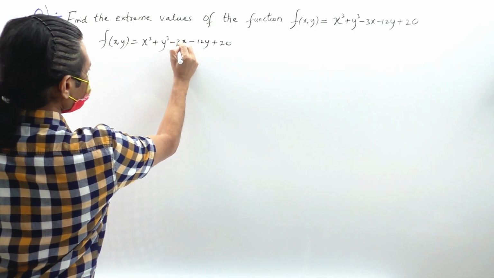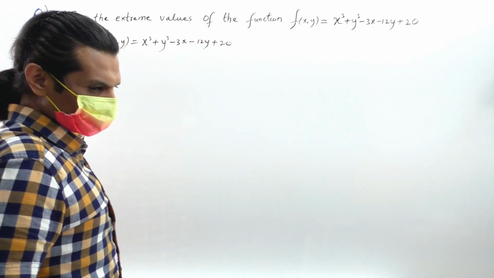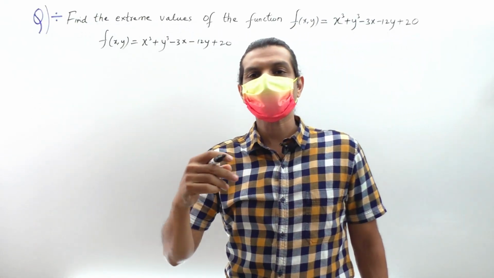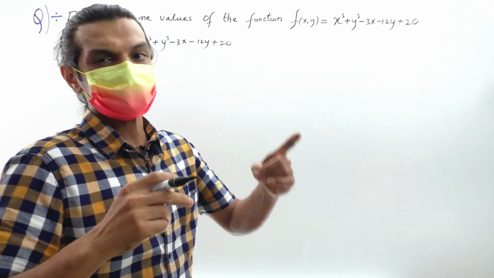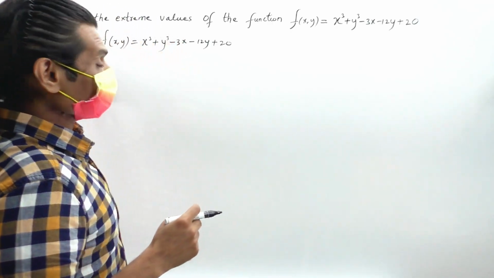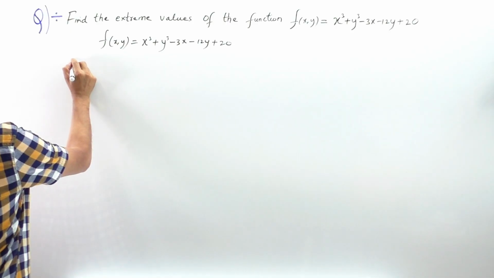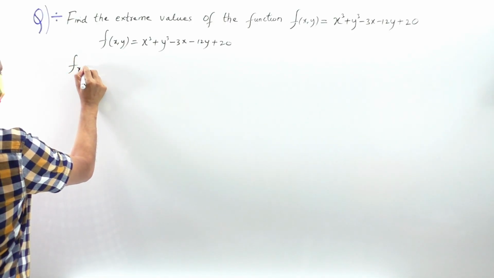As we discussed earlier, finding the maximum and minimum extreme values is a simple process. First we find fx and fy, that is we partially differentiate this with x, we get fx will be equal to what?